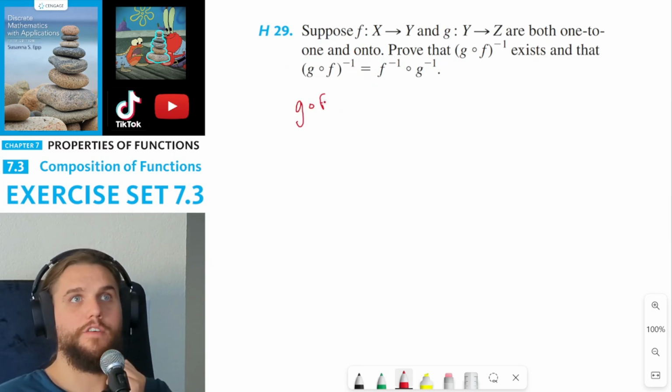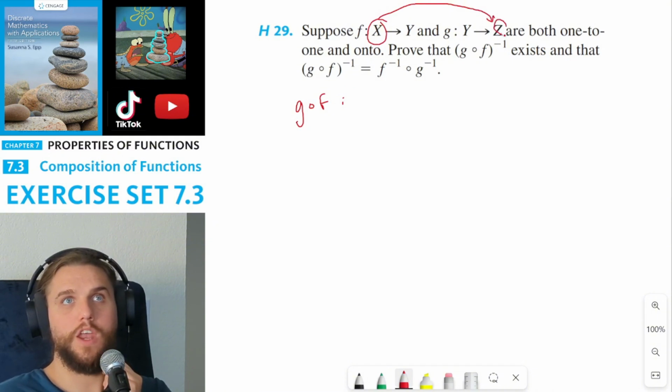Now, g∘f is a function that sends elements from the domain X to the codomain of g.